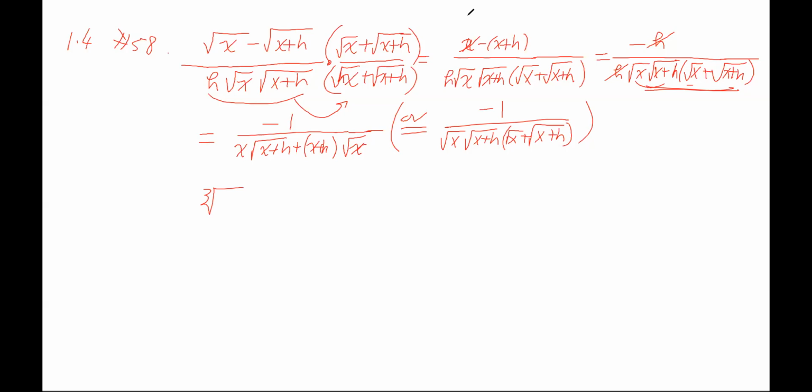This is, I think, number 54, right? Number 54. So for number 54, we need to rationalize the denominator. You see, if you do the ones like this, this is what people do, okay?